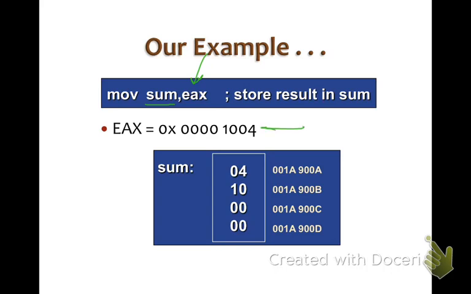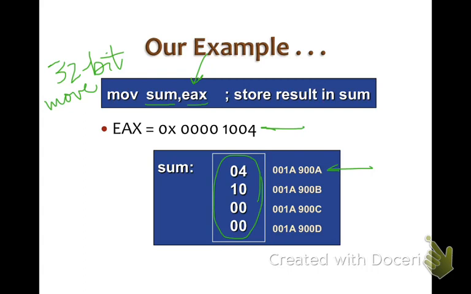Just by looking at this instruction, I look at sum. I don't necessarily know what size it's referencing in memory, but EAX tells me this is going to be a 32-bit move. So, since that's the case, I am automatically going to go to sum, assuming it's here, and look at a 32-bit value that it's pointing at.